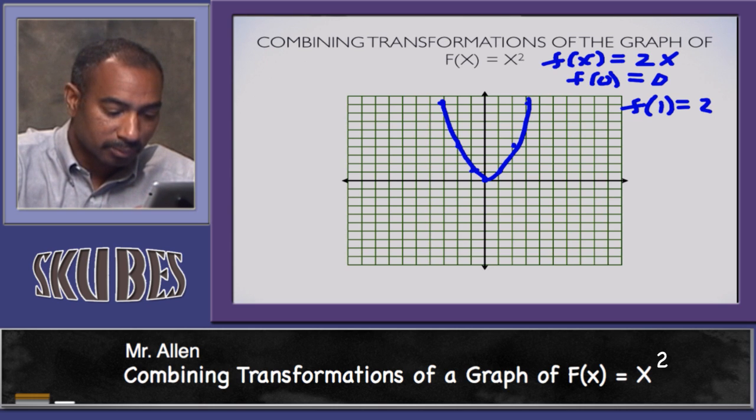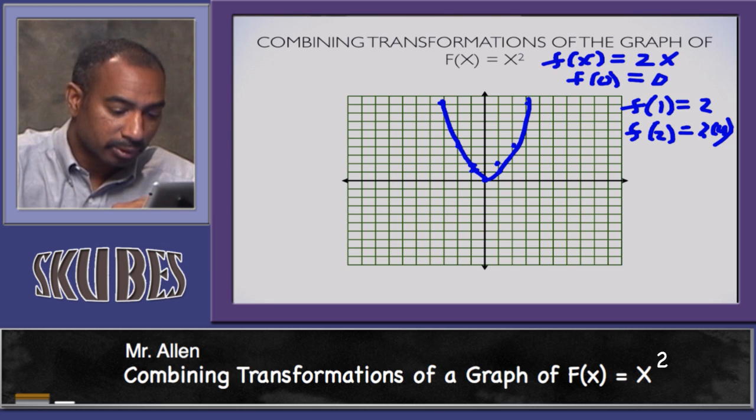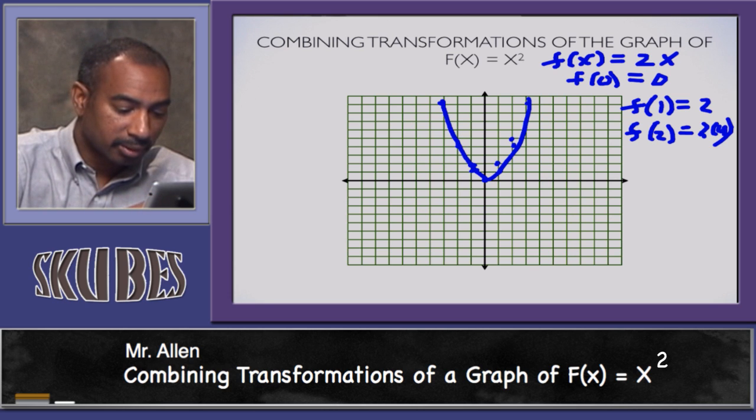So if I count over 1, I go up 4. And if I go to the left, -1, I count up 4, make a point there. When x is 2, I get (2 times 2) squared, that's 16. And likewise, if I have -2, you count up the same amount.